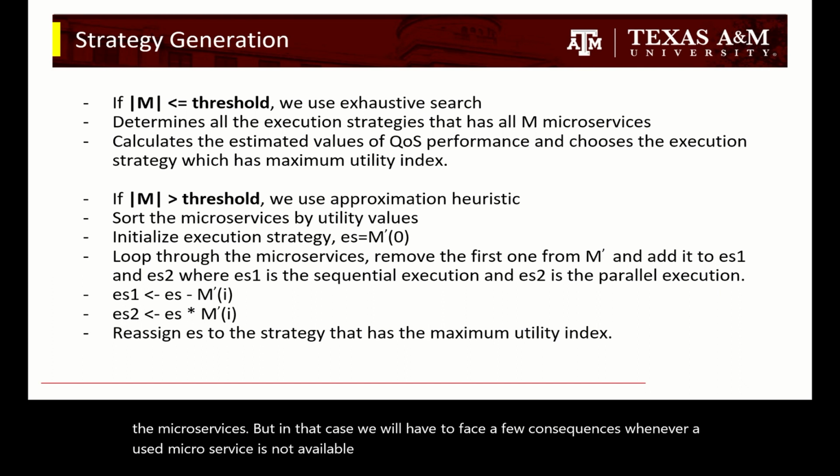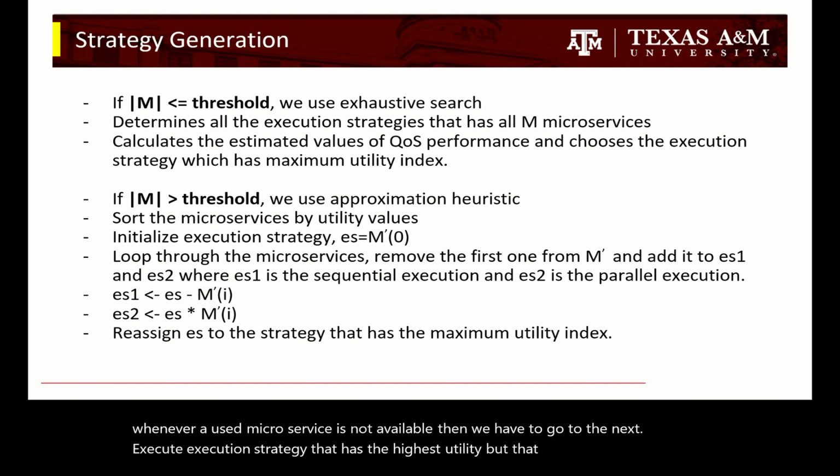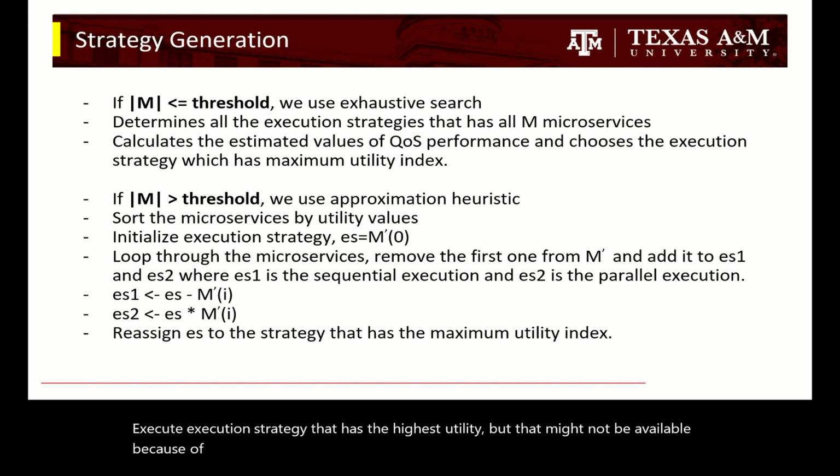Then we have to go to the next execution strategy that has the highest utility, but that might not be available because of data constraints. So it is always better to have execution strategies that have all M microservices.